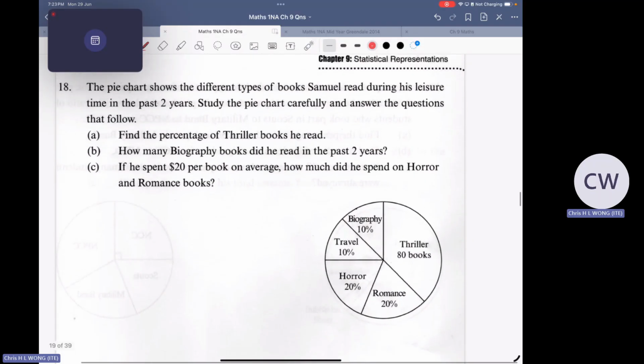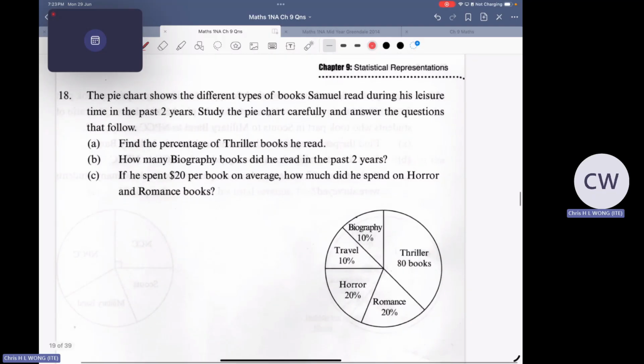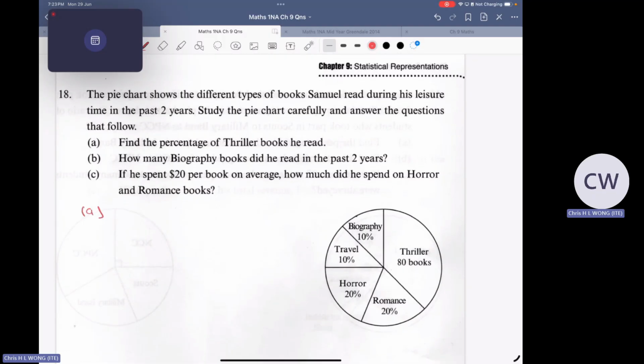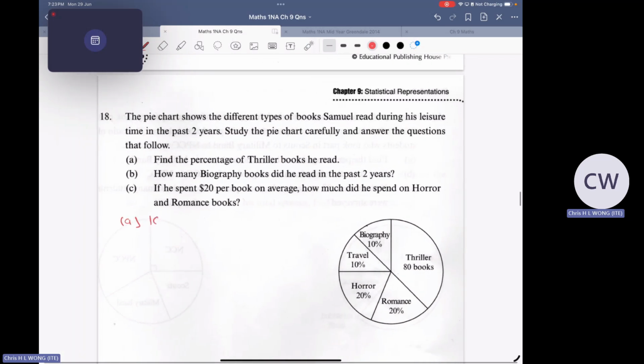A. What percentage of thriller books did he read? All I need to do is take 100%, minus 10, minus 10. I'll do one at a time so that you know what I'm writing. Minus 20, minus 20.